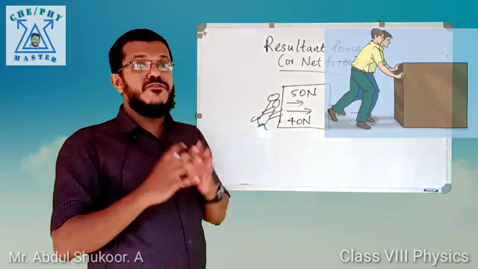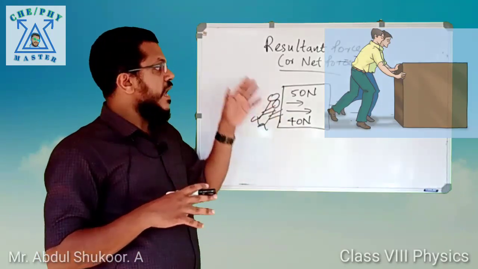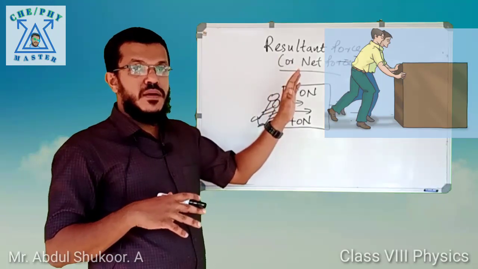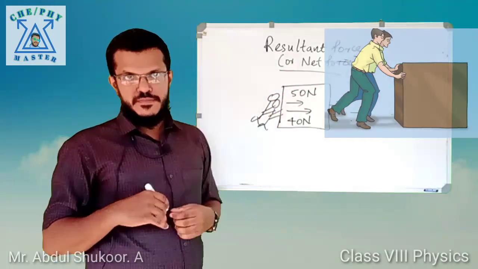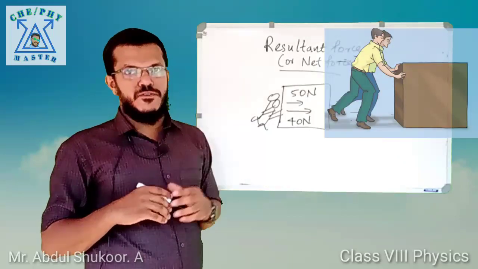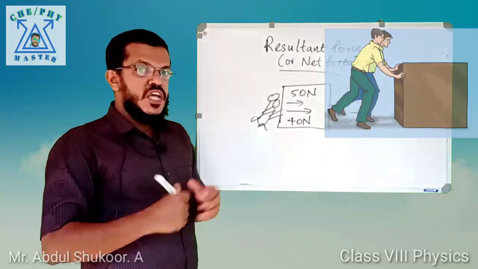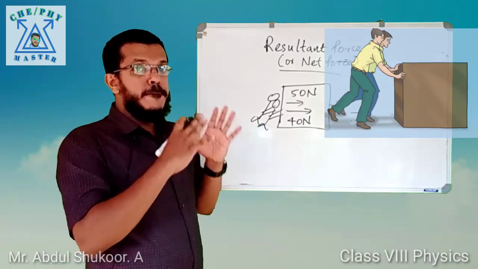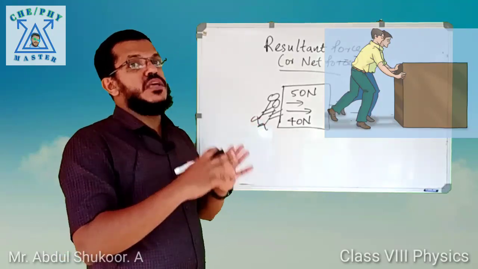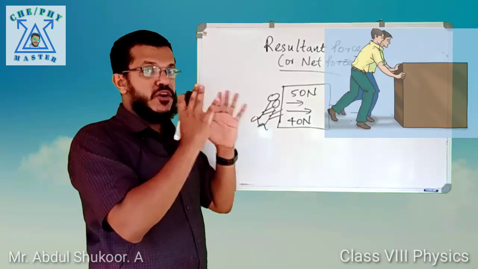Then the resultant force or net force acting on this table, just adding these two forces, is known as resultant force. What is resultant force? The total force acting on an object when more than one force acts on an object.